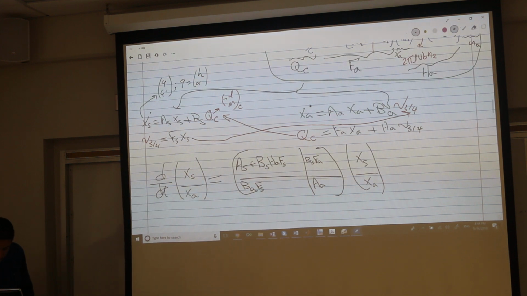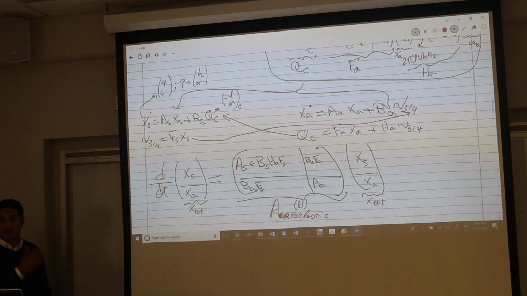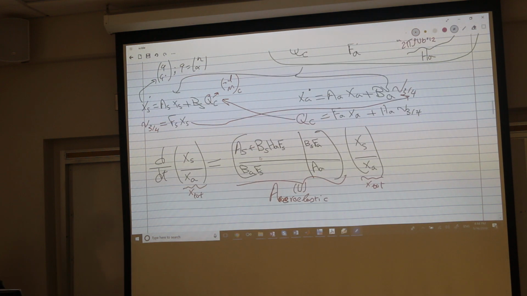So indeed, this is X total or X aeroelastic is equal to A total, or A for the aeroelastic system combined. And this is X total. This A aeroelastic depends on U, as you can see clearly. So how many states in total do I have here? 6.